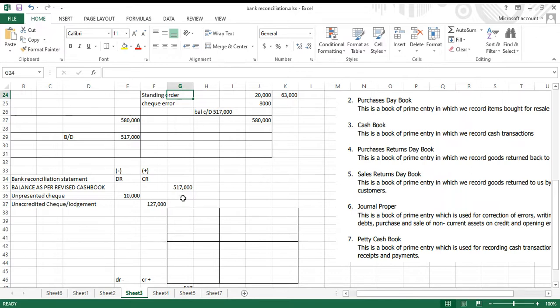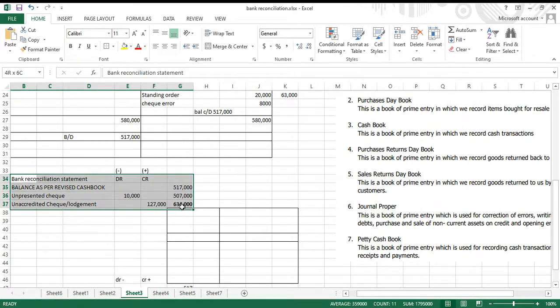So as I said, these are just a reflection of each other. So 517,000 minus 10,000, we're going to get 507,000. We say 507,000 plus 127,000, we get a bank balance of 634,000. So that ends our question.